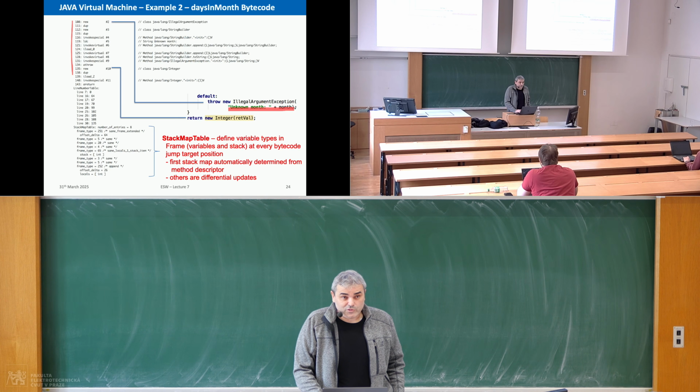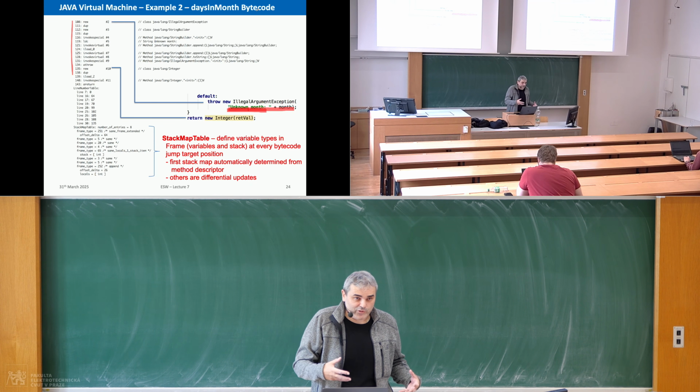In Java, or the virtual machine, all string representations are immutable. They cannot be changed. So first you have the "unknown month" string, and you would like to concatenate that with the month. That's not possible using String, because you cannot modify it.